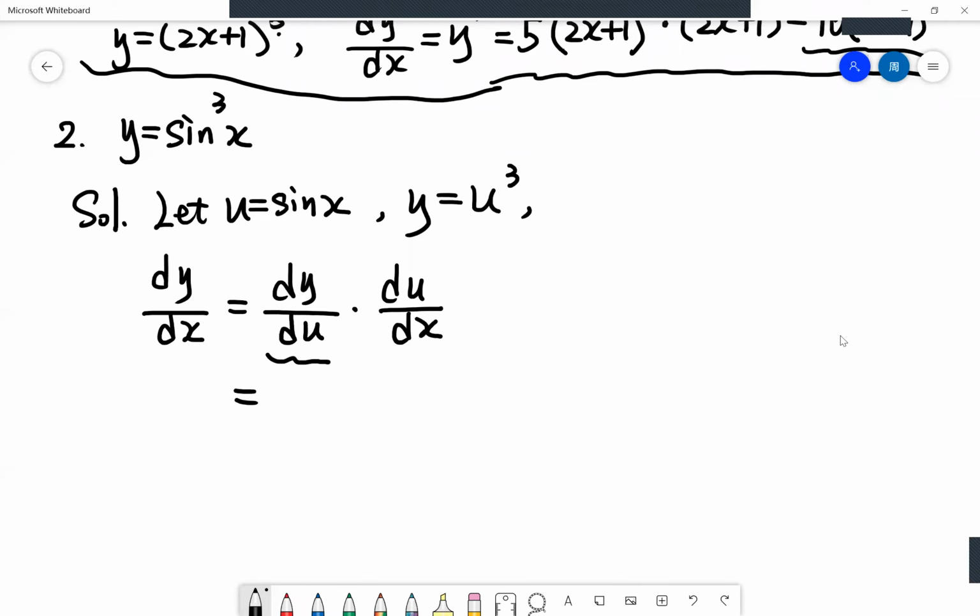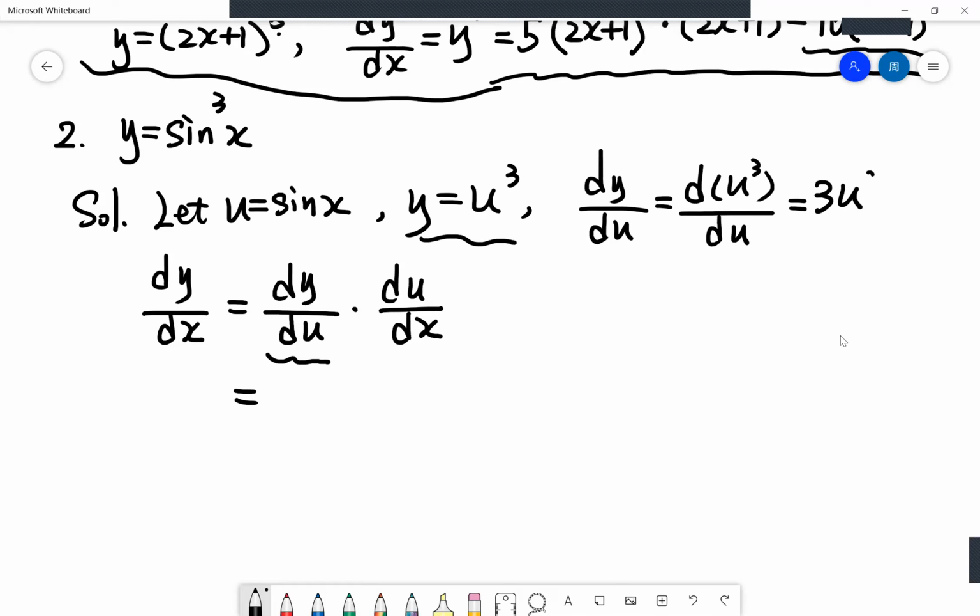First, dy by du here. So dy by du equals d(u power 3) by du. So that equals 3u squared. So here that is 3u squared times du by dx. So u equals sine x, so du by dx equals cosine x, right?